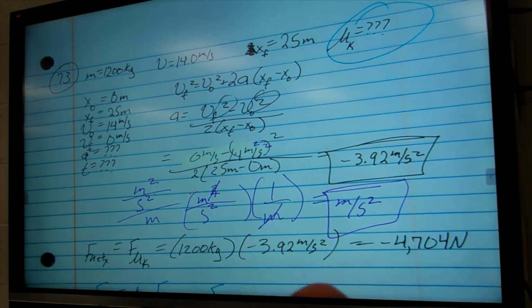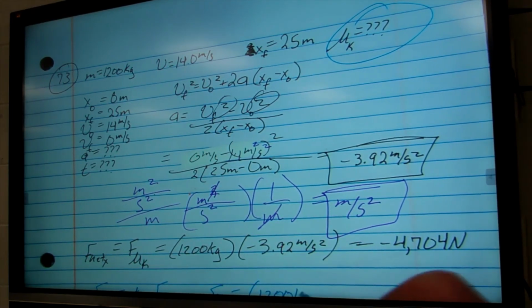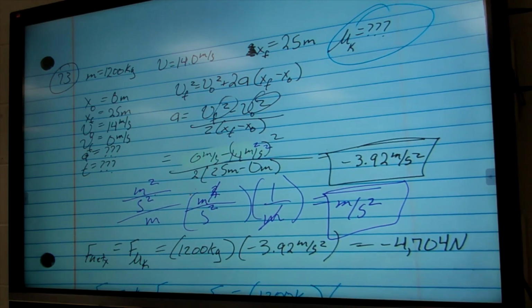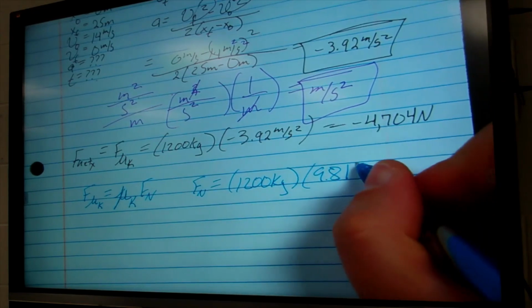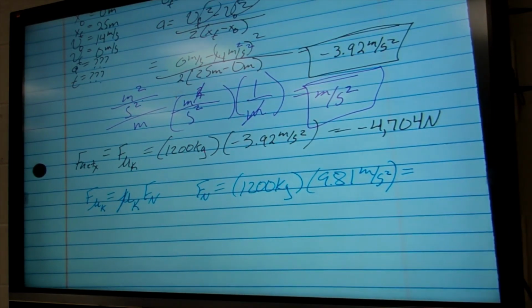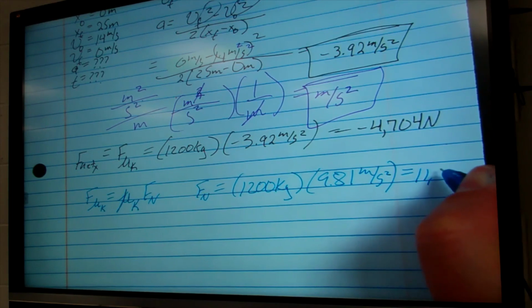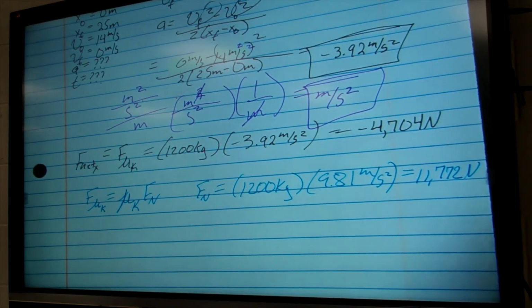The normal force is mass, which is 1,200 kilograms, times 9.81 meters per second squared, which will be equal to 11,772 newtons.